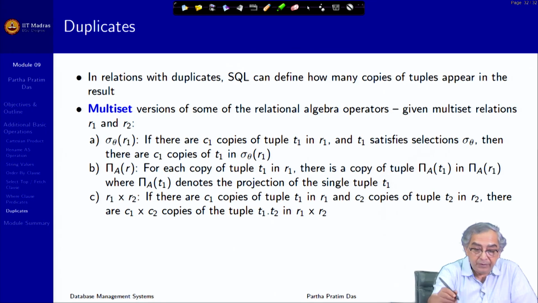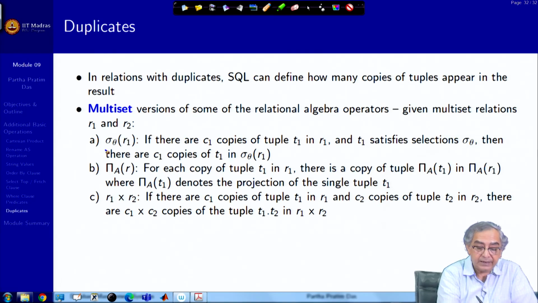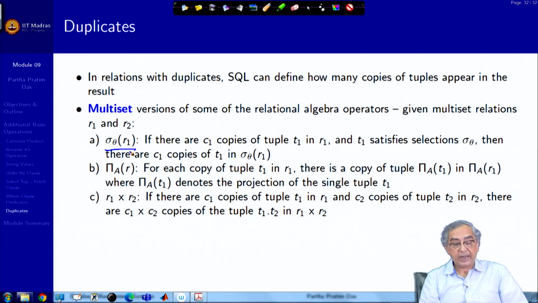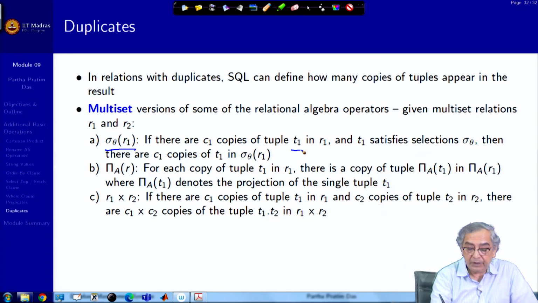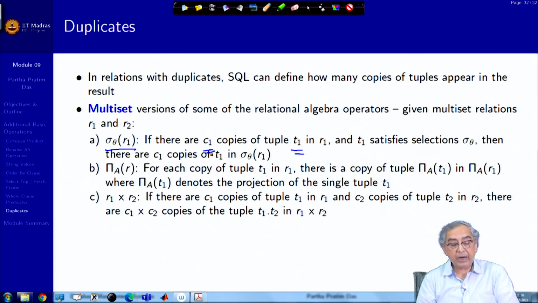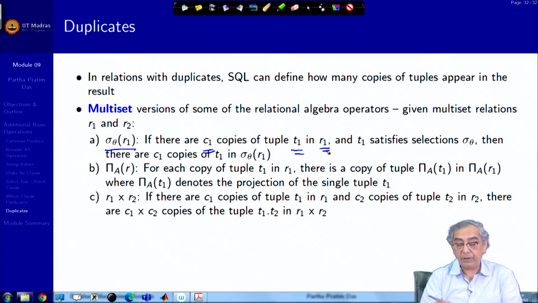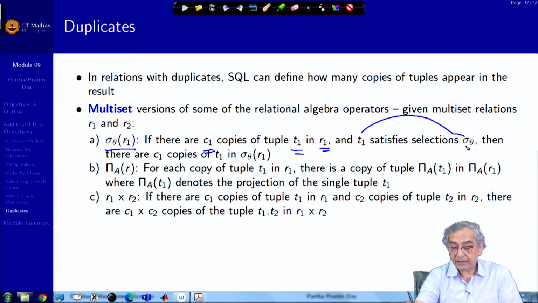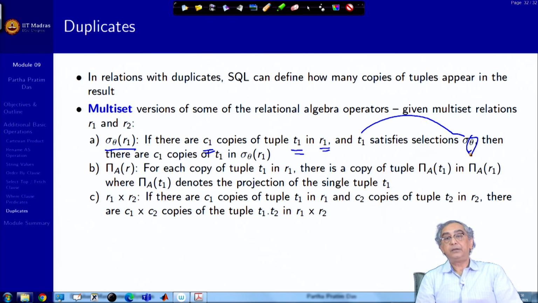So, for example, if you have a select and there is a tuple T1 which occurs in C1 number of copies in the relation R1, and T1 satisfies the condition theta, it will get selected.